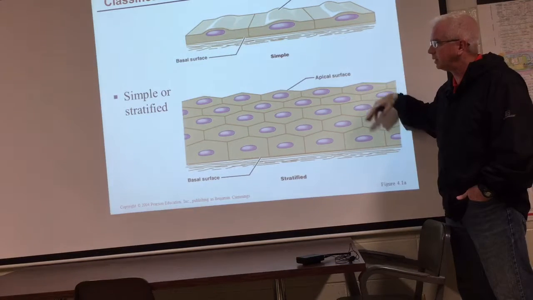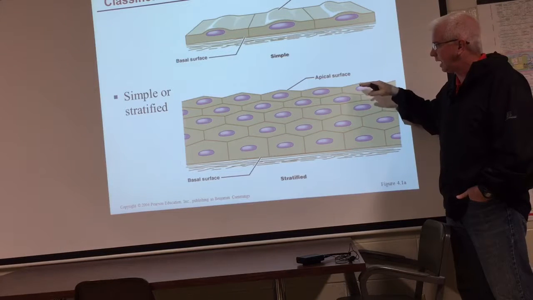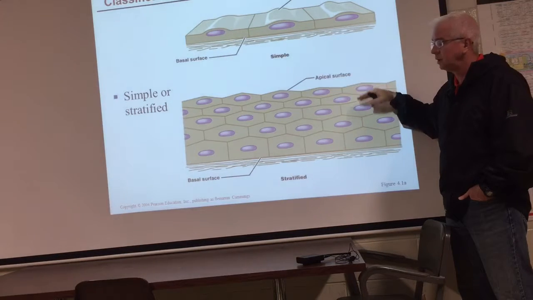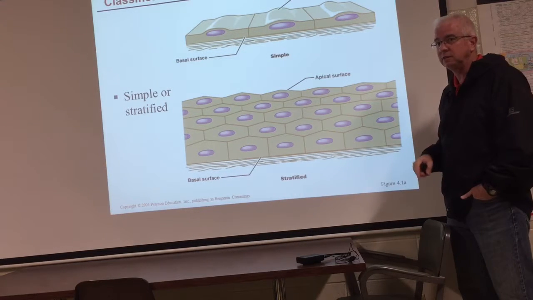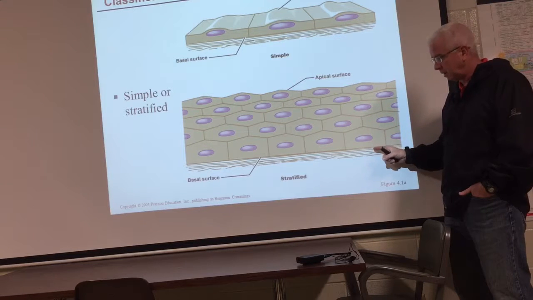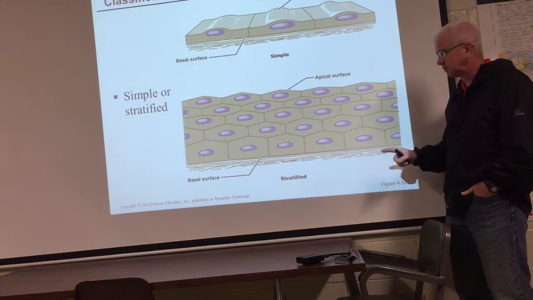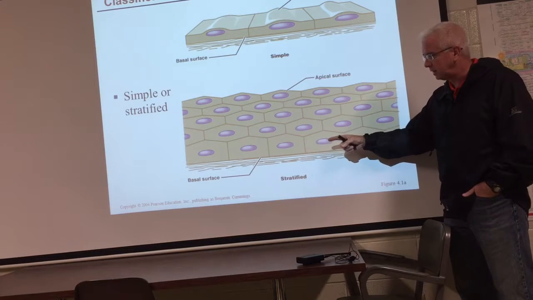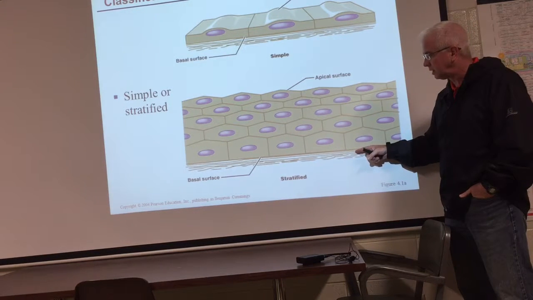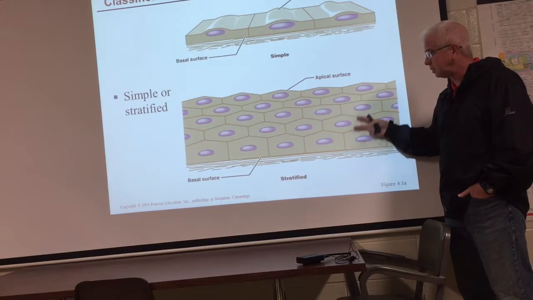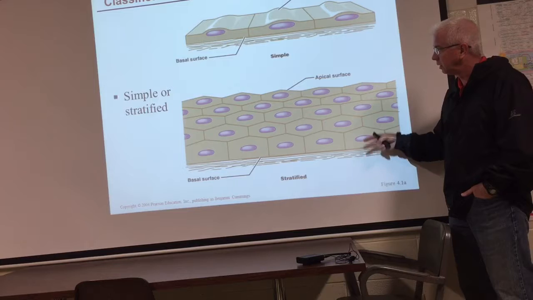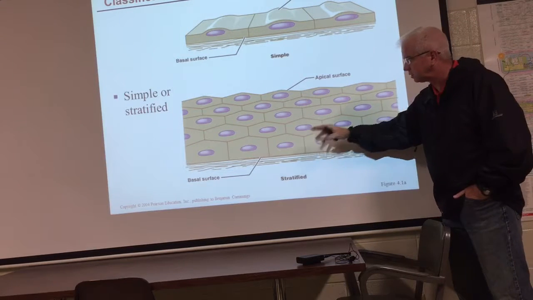We're talking about the inside. This apical surface is the surface on the outside you can touch if we're talking about the skin. The apical surface is the surface away from the basal surface, sometimes called the basolateral surface or the basal surface. The basolateral or basal surface is the surface on the other side. That is the one where the basement membrane is. It's going to dictate the flow of nutrient into the tissue. So an apical surface and a basal surface.